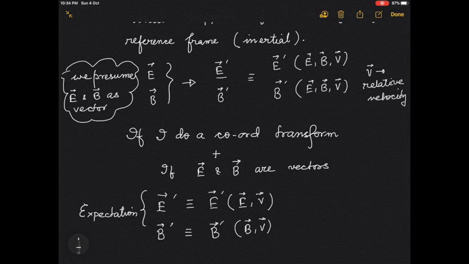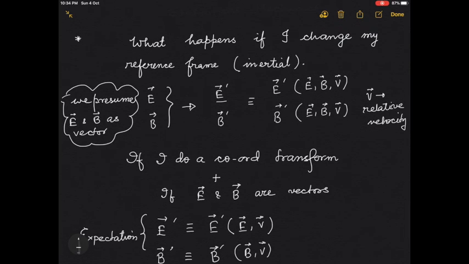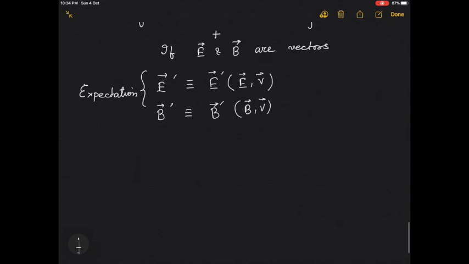If I do Lorentz transformations, or the transformation that takes me from one inertial frame to the other, E and B don't transform as vectors. And this will be the root of formulating electrodynamics from a different perspective, and that we'll learn again in the second part of the course.